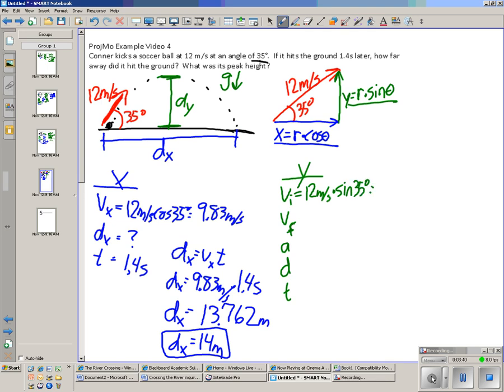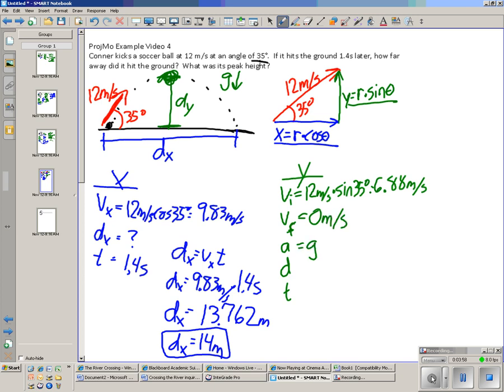Tapping that into my calculator, I get 6.88 meters per second. My final velocity, since it's up here at the peak, that's its maximum, is going to be 0 meters per second.